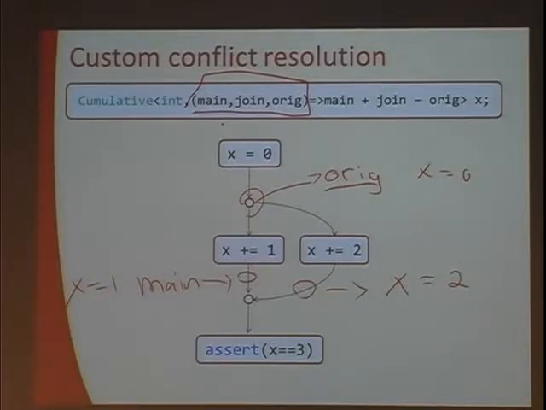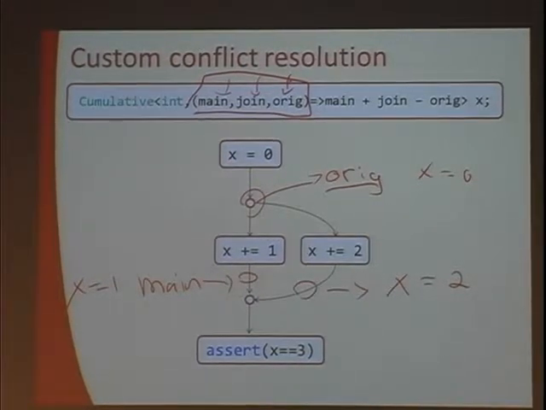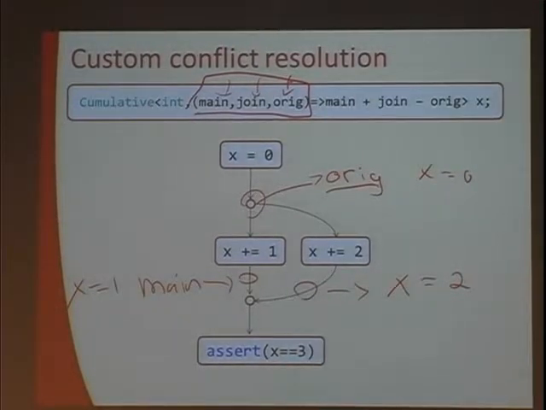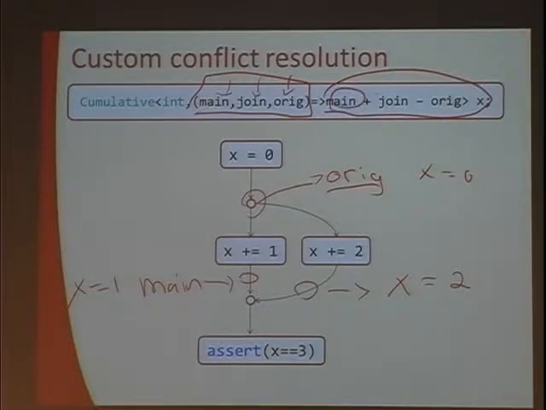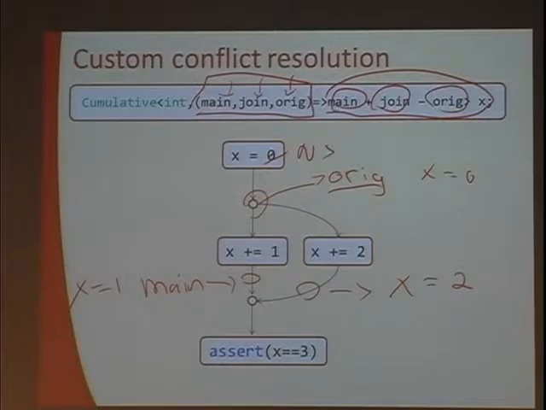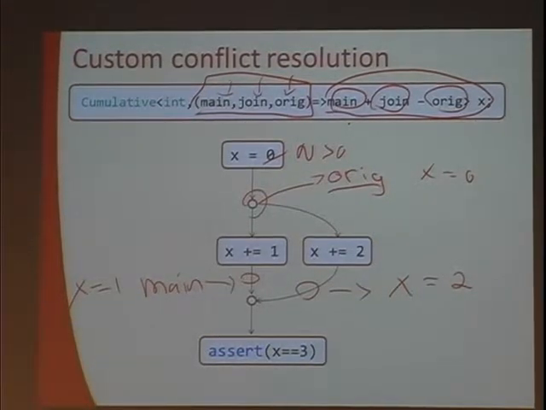And that merge is a lambda, which can be a function of 3 states: the state of the variable at the time of the fork, and the states coming into the join. So for our cumulative int, which we used in the parallel sum example, the cumulative int adds the values of main and join and subtracts off the value at the fork. Because if this had not been 0, but for example, some n greater than 0, we don't want to double count it by just adding in.